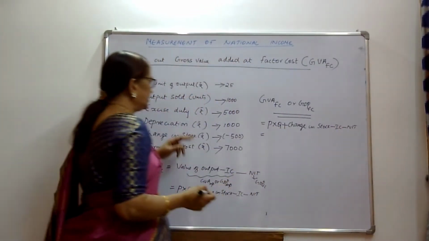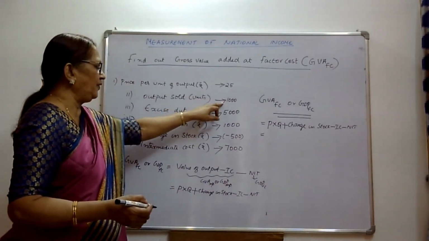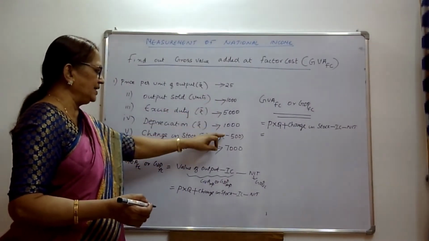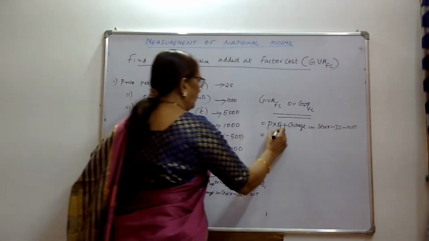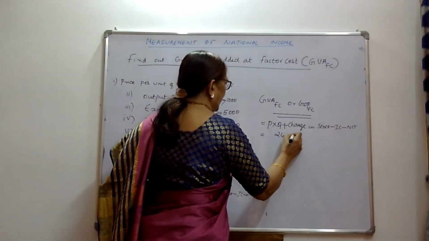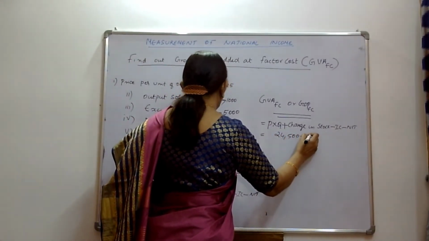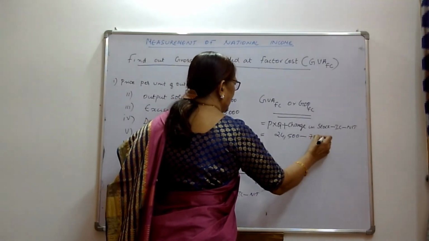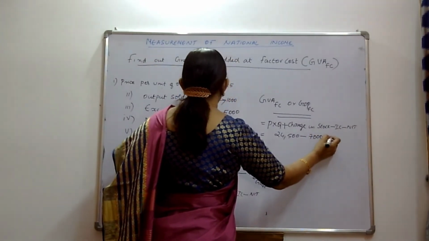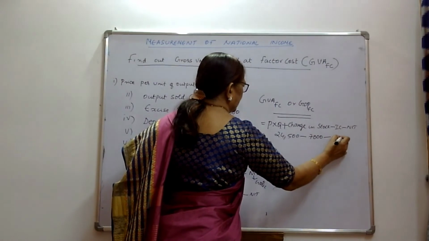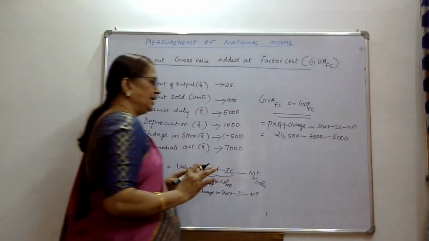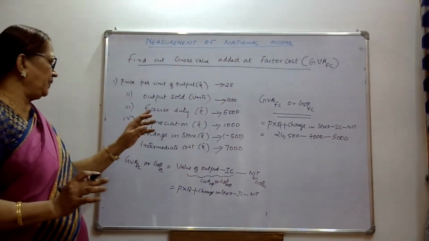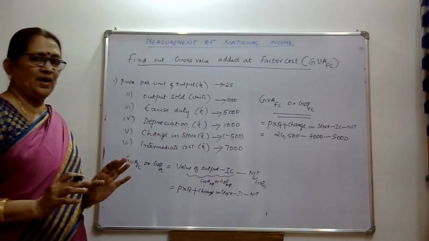So what is price into quantity? 25,000 minus 500. 24,500 minus intermediate cost 7,000 minus excise duty 5,000. So we are not deducting the value of depreciation. So what is the answer?